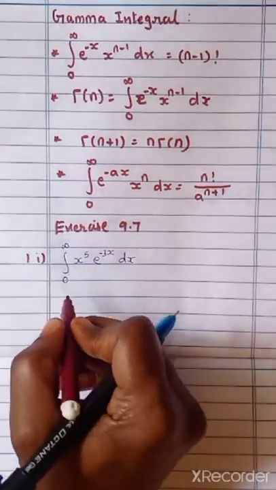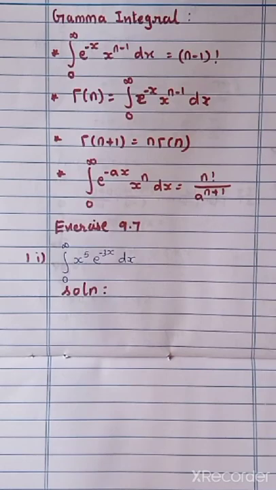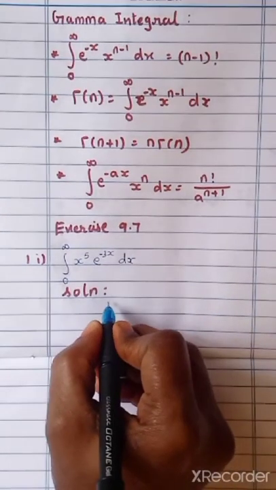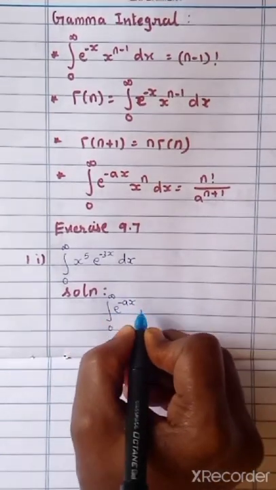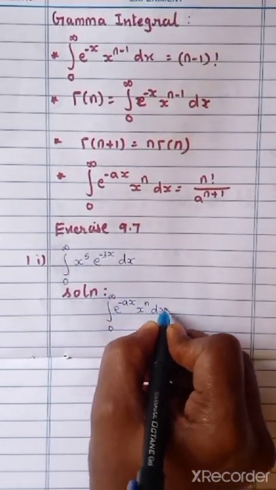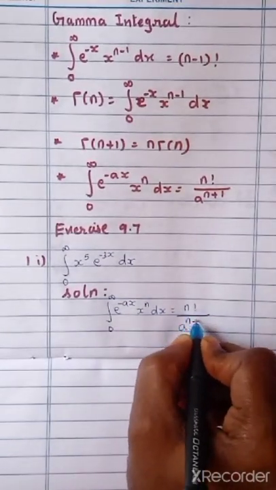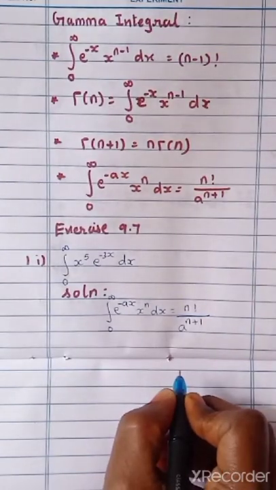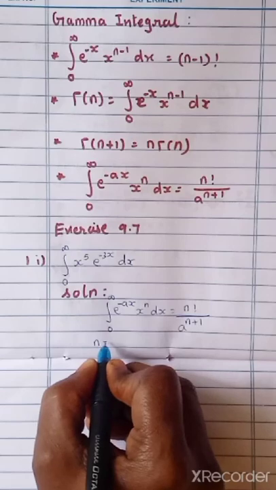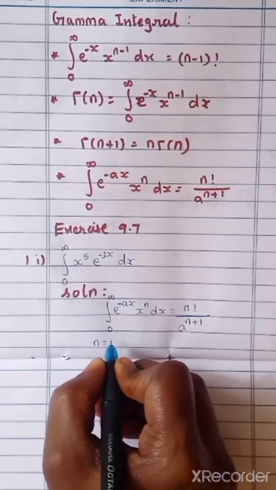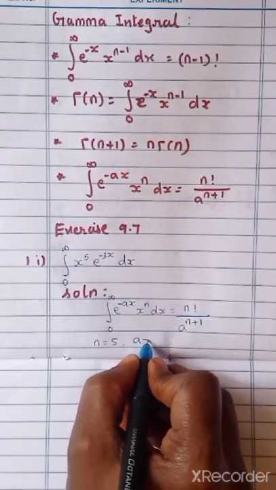Now look at the formula and tell me which property we can use here. Yes, we can use the property integral 0 to infinity e power minus ax, x power n dx equal to n factorial by a power n plus 1. What is your n value? n value is 5. What is a value? a is 3.